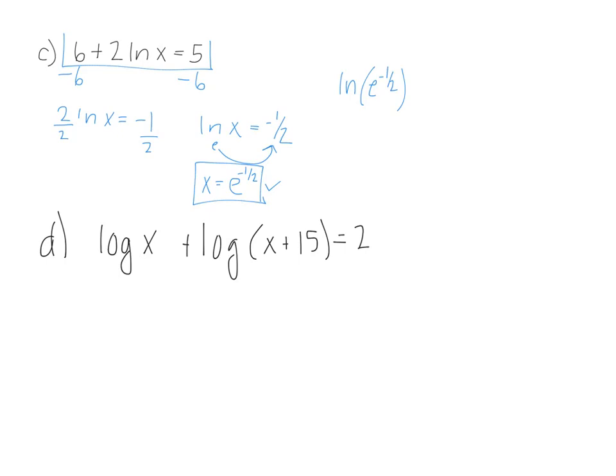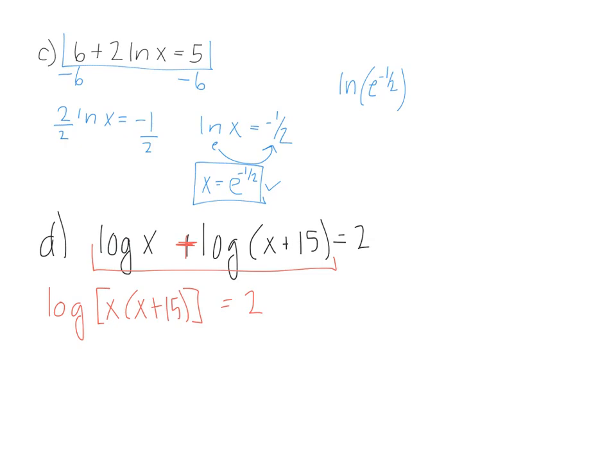So this next one's a little bit trickier. We have log of x plus log of x plus 15 equals 2. So we want to rewrite these as one logarithm expression. Since I am adding, I can rewrite that as multiplication. So now I have one logarithm and my base is 10.